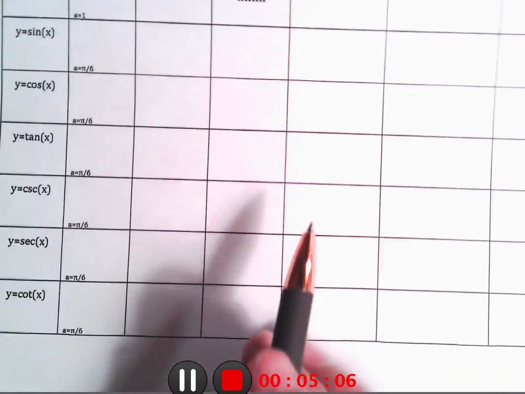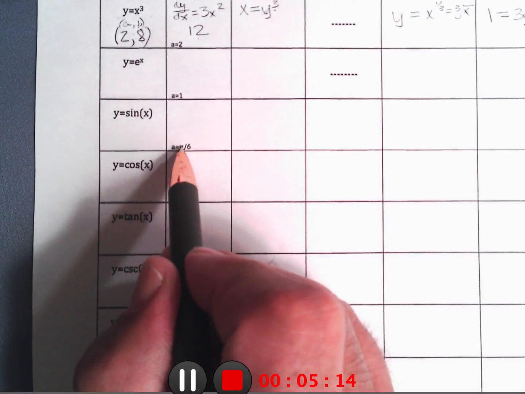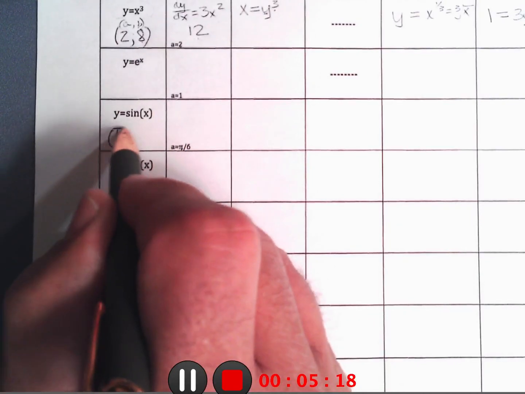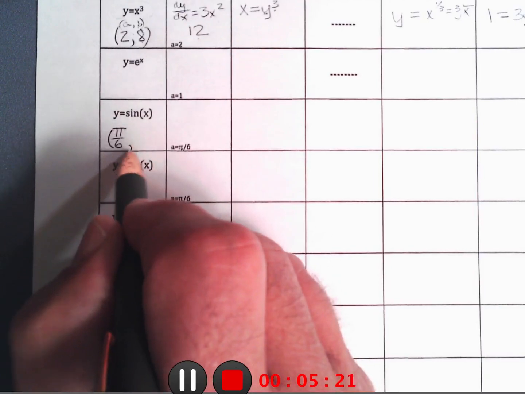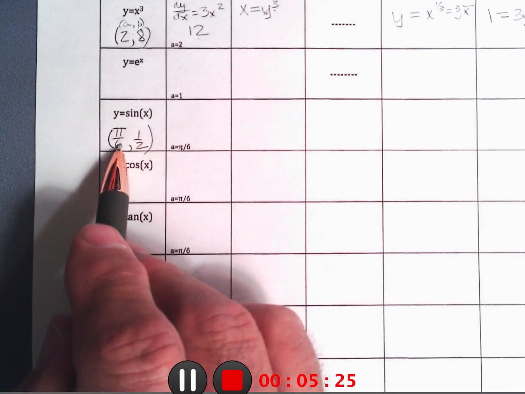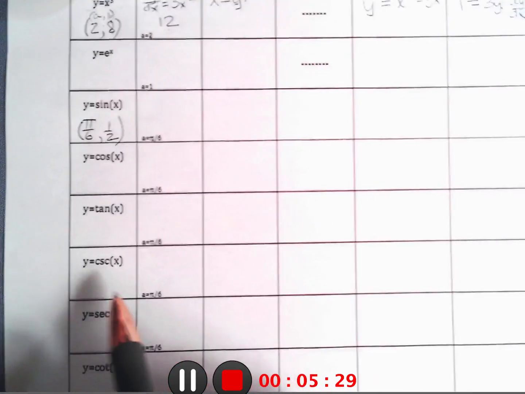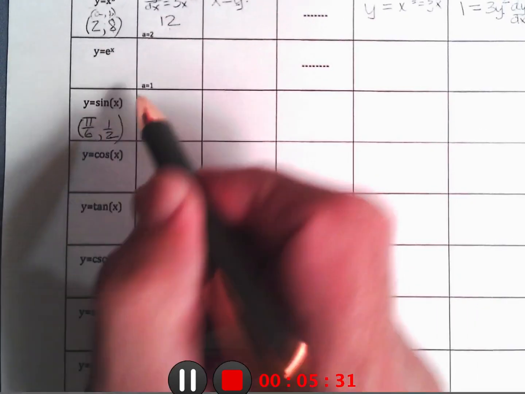Now I'm going to do the sine. Actually, let me jump down to tangent. No, let's do sine. Okay, pi over 6. The sine of pi over 6 is 1/2. So our a is pi over 6. Our b down at the end is 1/2. The derivative of sine is cosine.